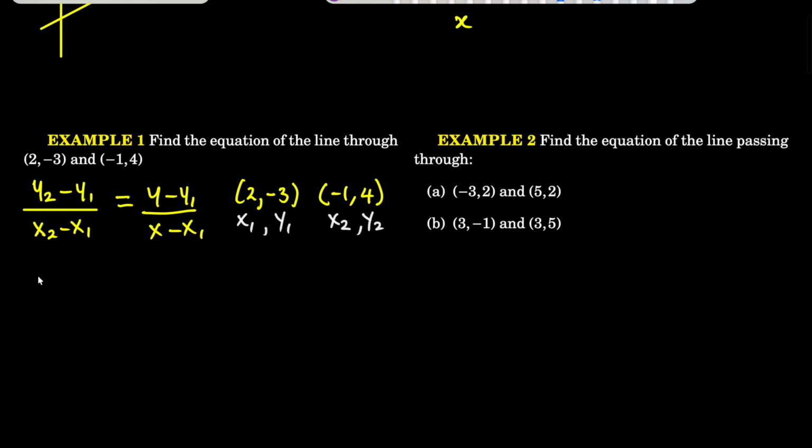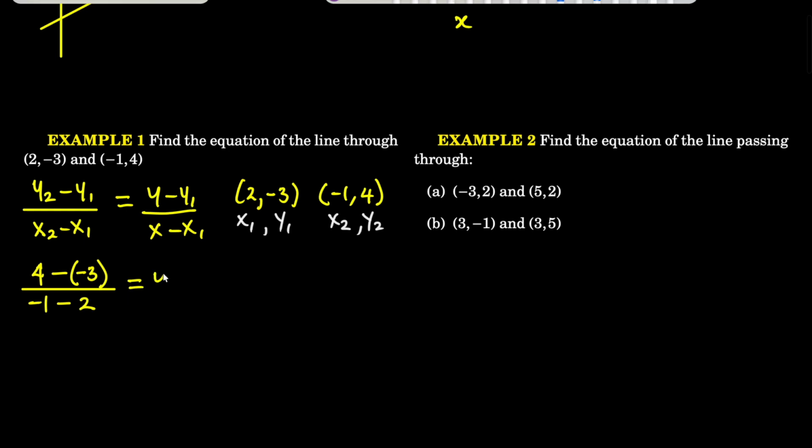So how do we do that? We start, y2 is 4, so we have 4 minus y1 is minus 3, so we have minus 3 over x2 is minus 1, so we have minus 1, and x1 is 2, so we have minus 2.